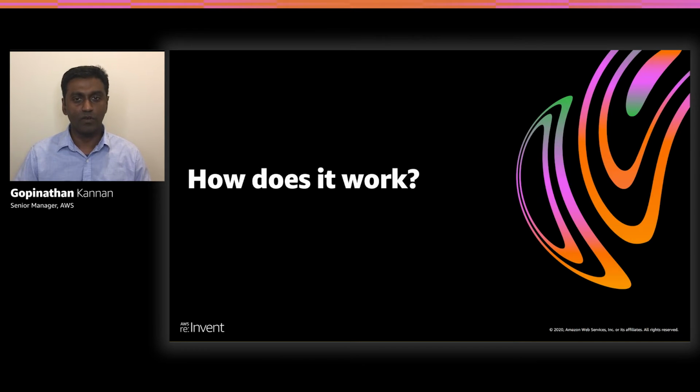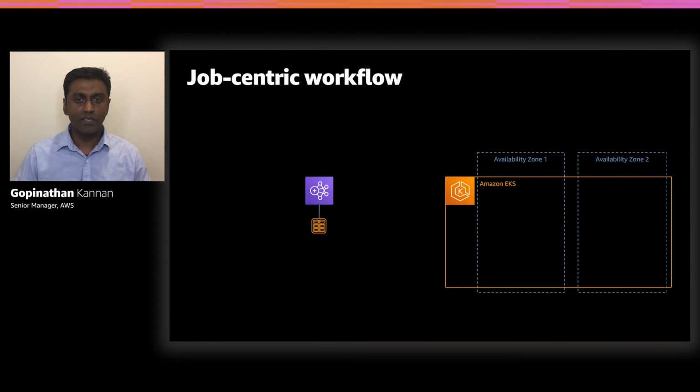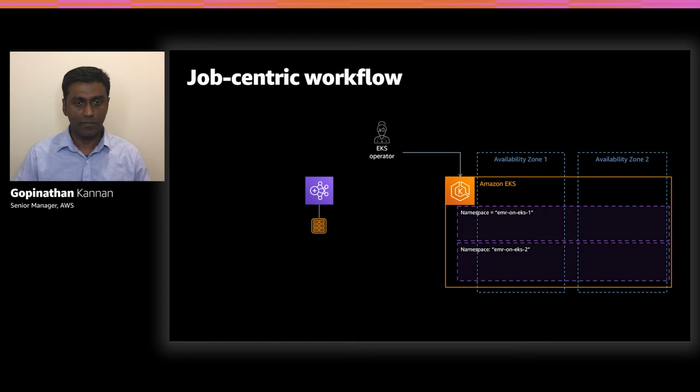Now, let's take a deeper look at how it all works. We start with the EKS cluster and EMR, which has pre-built images for different releases of Spark runtime. An EKS administrator would provision the cluster and create namespaces if necessary. Then the EKS administrator will register the namespace with EMR as virtual clusters.